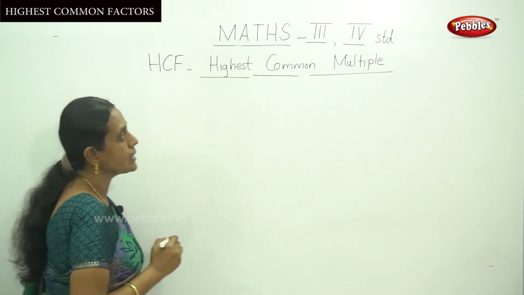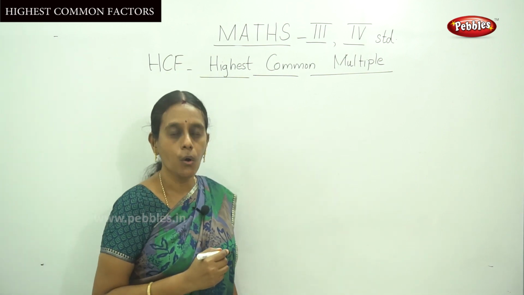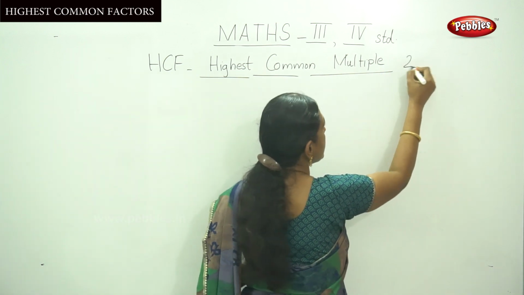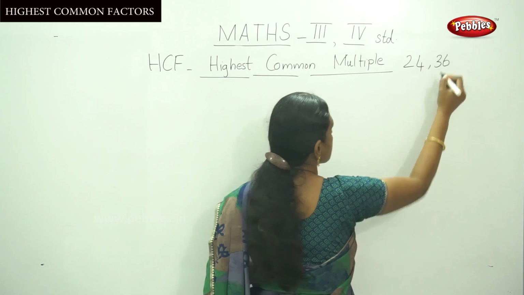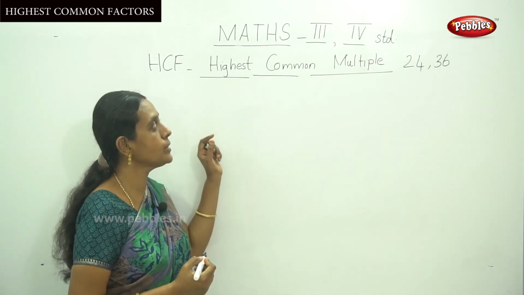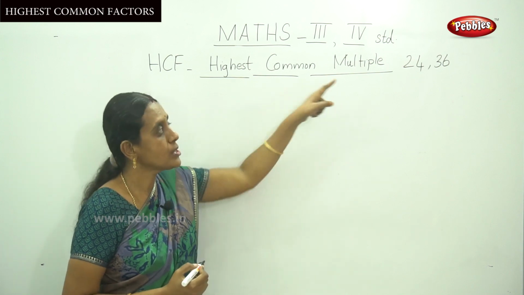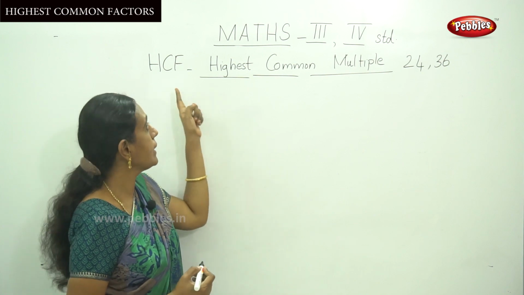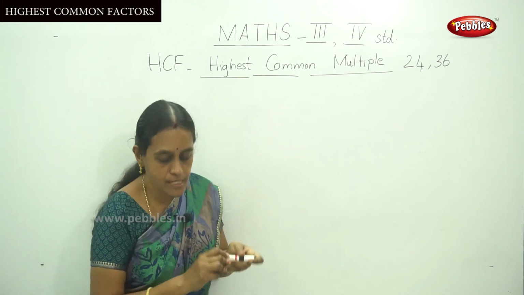Okay, find the HCF of any two numbers, here 24 and 36.